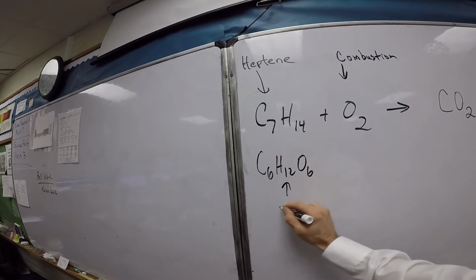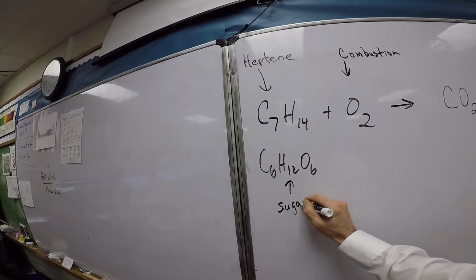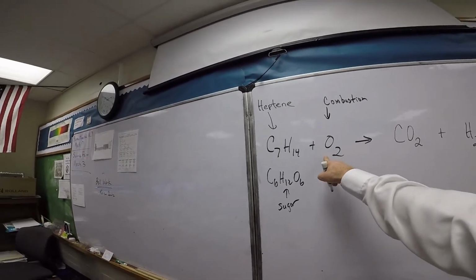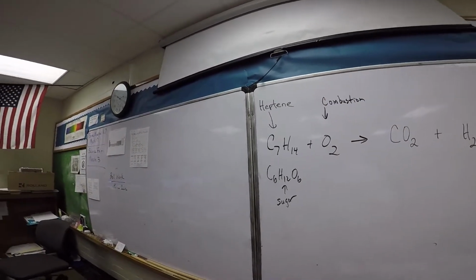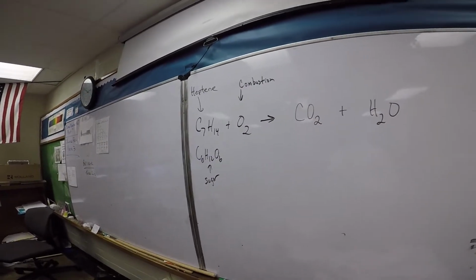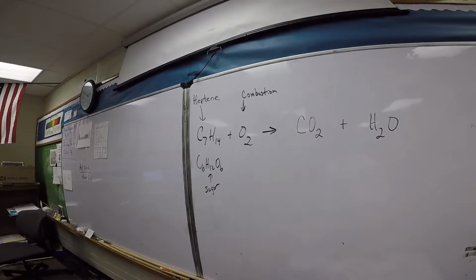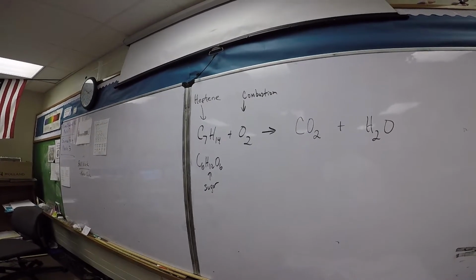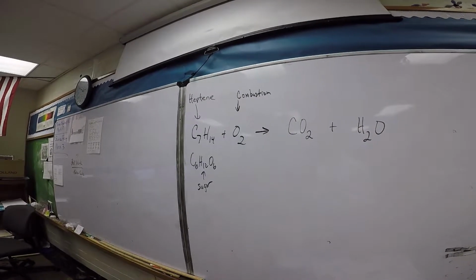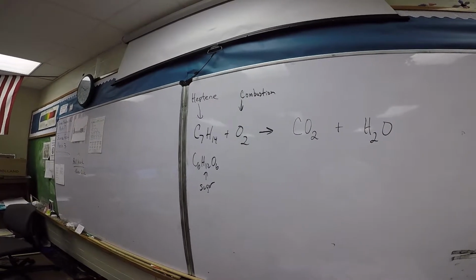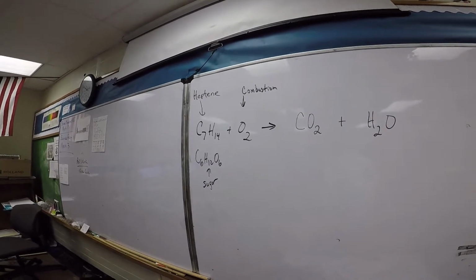That's a sugar you eat, and you take in oxygen, right? So you are a combustion reaction. It's just that your body temperature is lower than what typical combustion occurs at. That reaction takes place because of enzymes. Enzymes allow these reactions to occur at lower temperatures in your body.